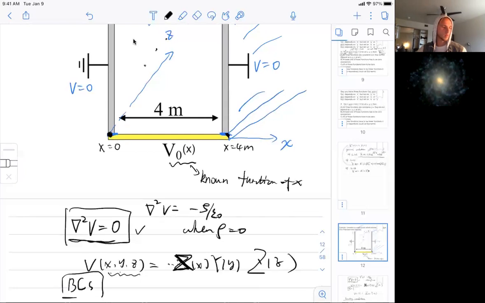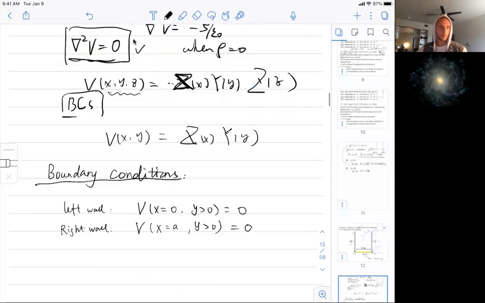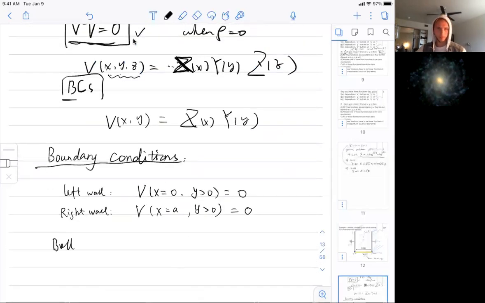So the bottom, how do you describe the bottom? The xz plane. Bottom wall, V of something equals V naught of x, which is a known quantity.